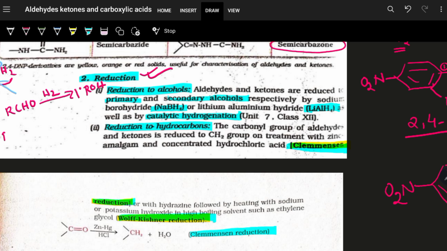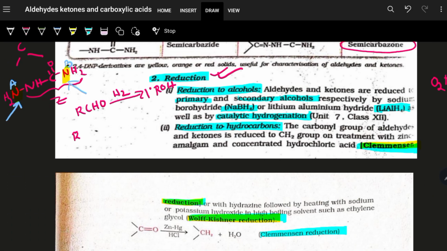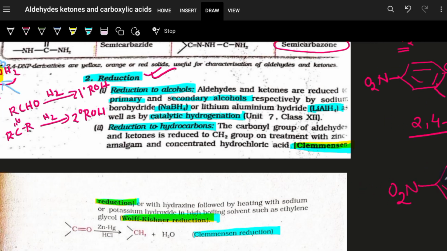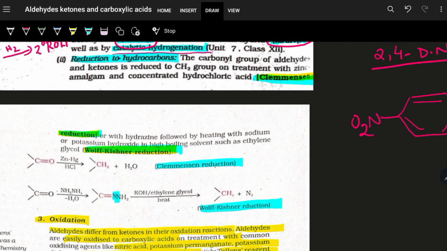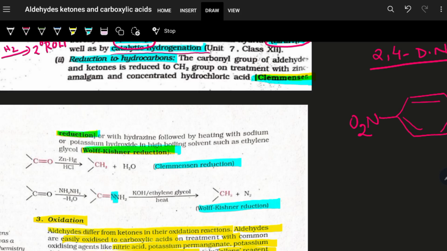Ketones, RCOR, undergo reduction to give 2 degree alcohol, secondary alcohol. It can give this by catalytic hydrogenation or by strong reducing agents like NaBH4, sodium borohydride, or LiAlH4, lithium aluminium hydride.